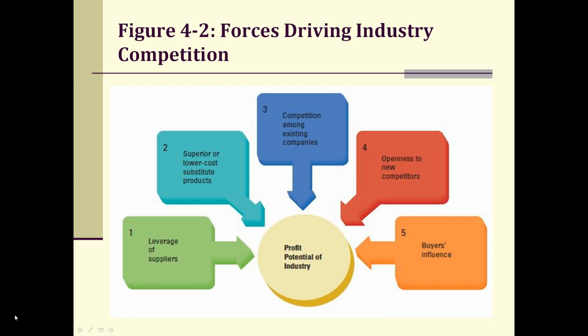Although Porter mentions only five forces, a sixth, other stakeholders, is added here to reflect the power that governments, local communities, and other groups from the task environment wield over industry activities. So using the model in figure 4.2, a high force can be regarded as a threat because it is likely to reduce profits.